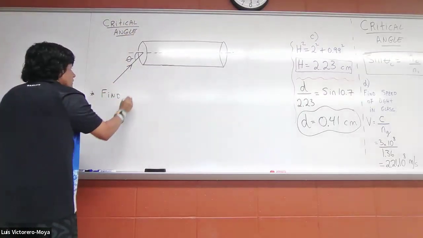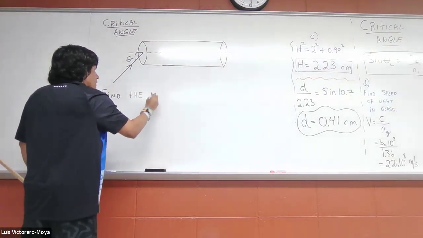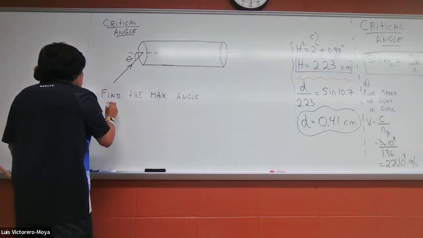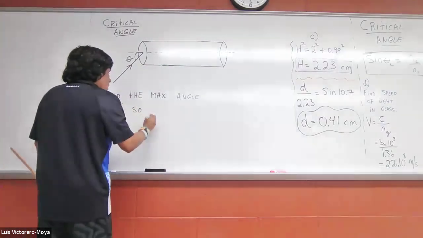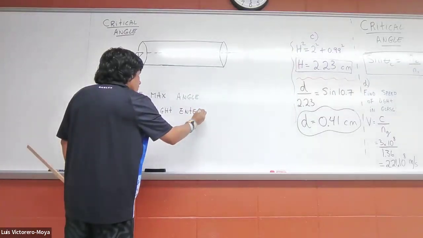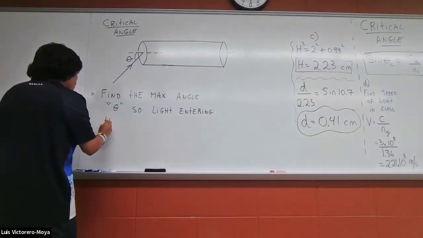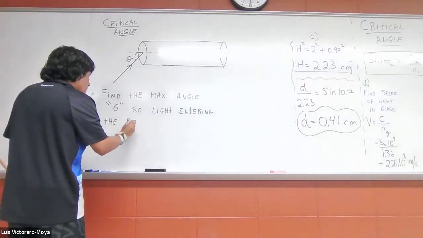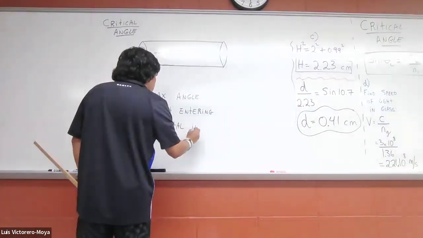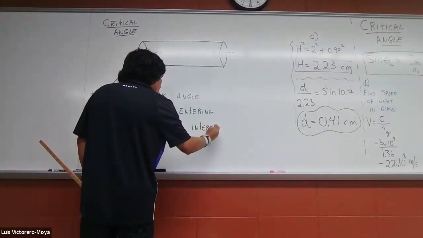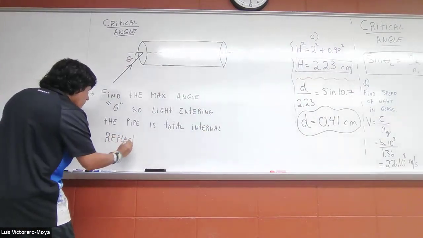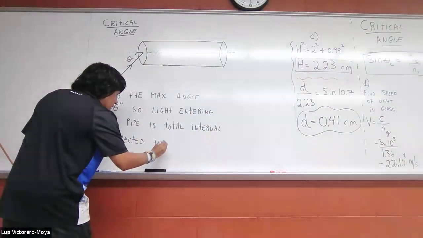Find the maximum angle theta so light entering the pipe is total internal reflected inside the pipe.